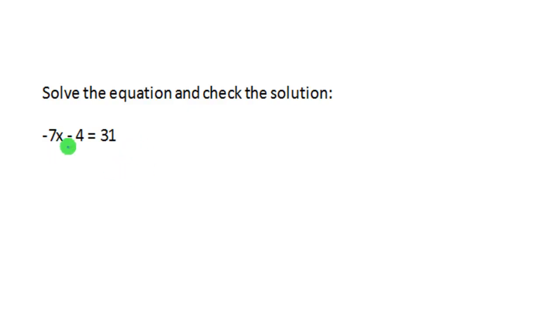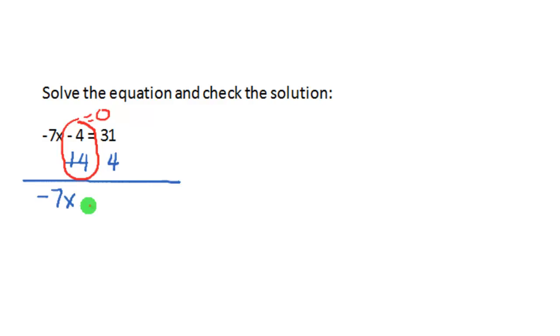So we're going to add positive 4 to both sides because that will move this negative 4 over to the right-hand side of our equation and bring down the negative 7x. And as you know, a negative 4 added to a positive 4 is 0. That's what we wanted. We wanted to move this negative 4 over. And 31 plus 4 is 35.